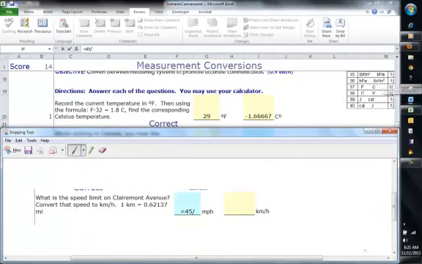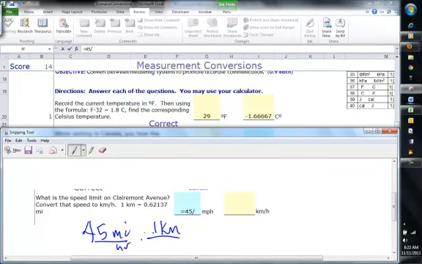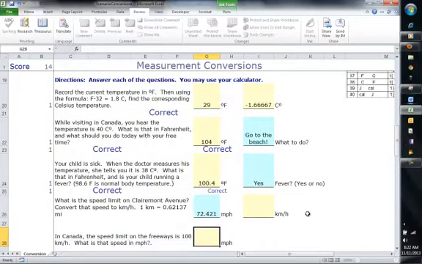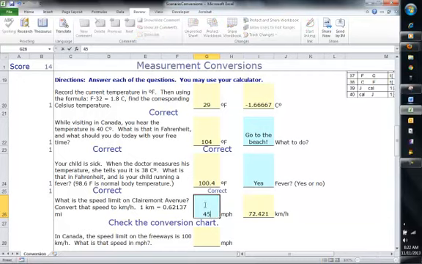Let's do it this way with the conversion chart. 45 miles per hour divided by 0.62137. Oh, I'm sorry, that's going to be our kilometers per hour, which is 72.421, because on Claremont Avenue it's 45 miles per hour.